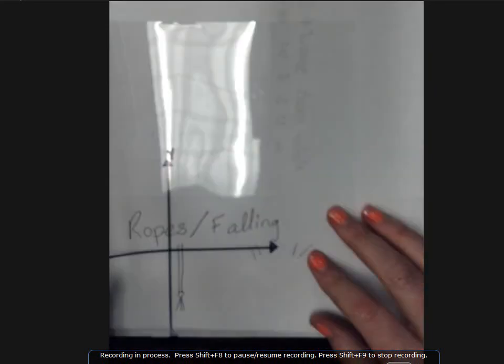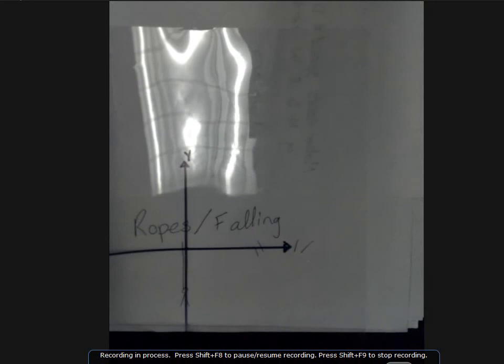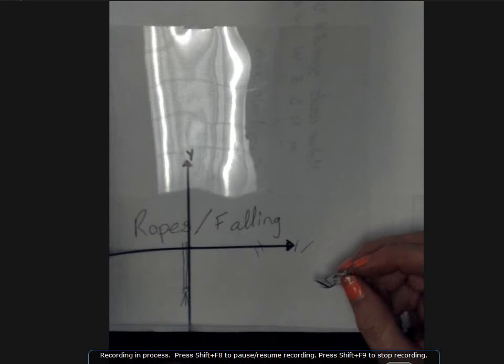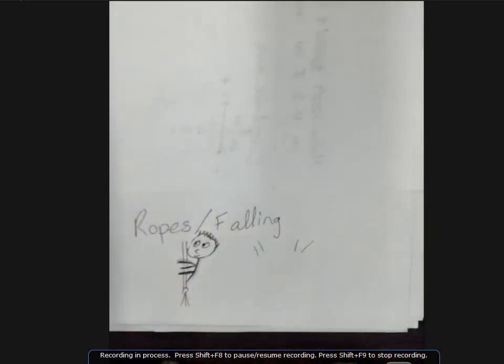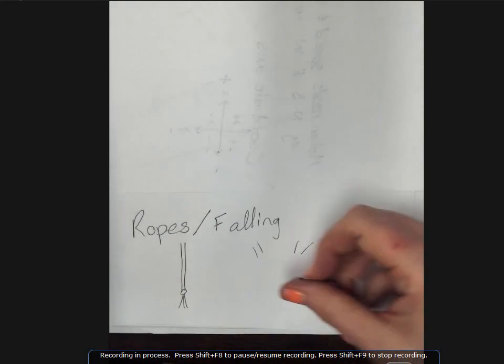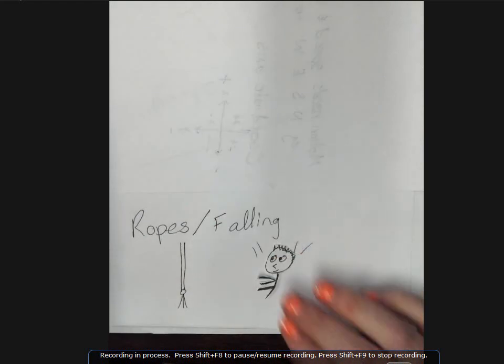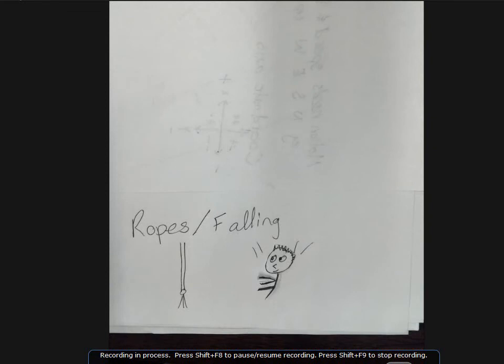But I'm going to give you a hint. In conventional physics, anytime we have objects that are falling or moving in the vertical direction, up and down, we tend to give that the y-axis. So an object climbing up a rope, like you climbing up a rope, we most of the time are going to say that's in the y direction. If you're falling, you're plummeting to your death right here, at least you're doing it with a smile on your face.